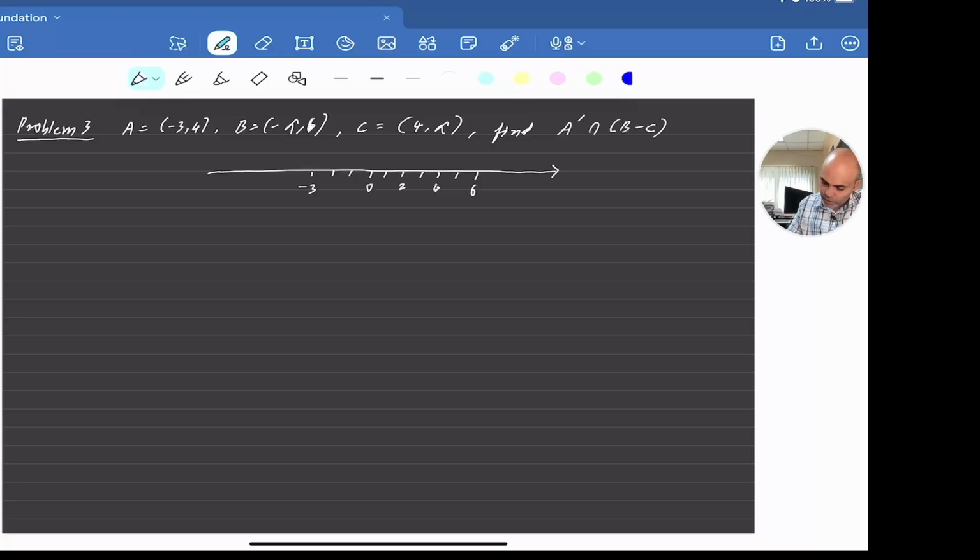The first set is between minus 3 and 4. Both the endpoints are excluded, so we only include points between minus 3 and 4. This is set A, and set B is between minus infinity and 6. We have 6 here.